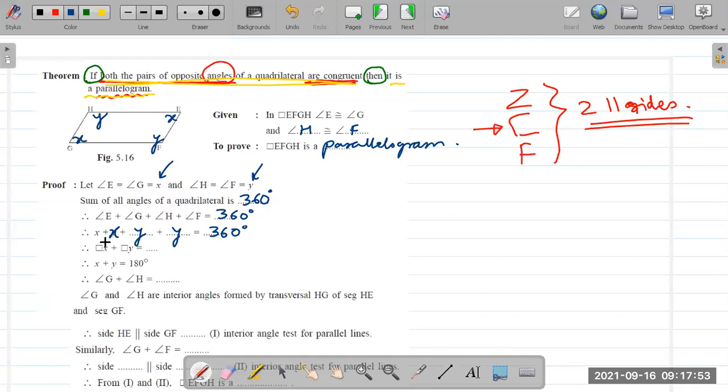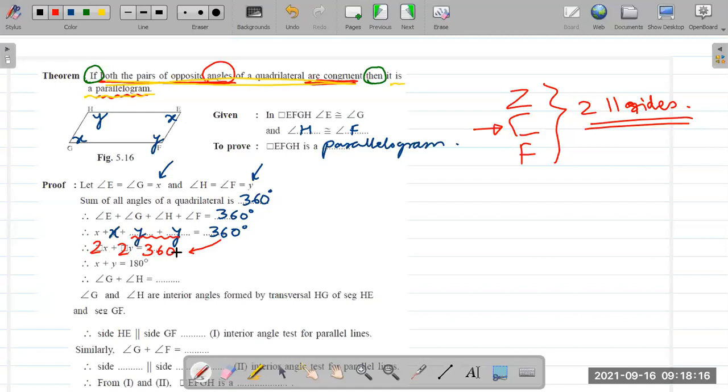Now, when we are adding, we add the like terms, right? X plus X will give us 2X, so here in this box there goes a 2. Likewise, Y plus Y will be 2Y, and the sum we write as it is, 360.